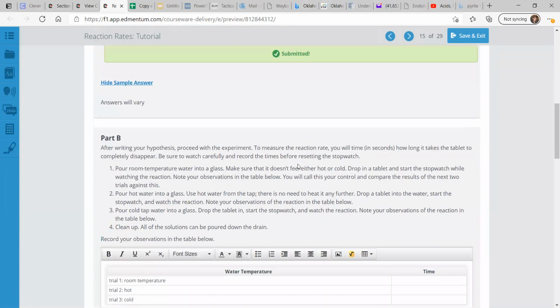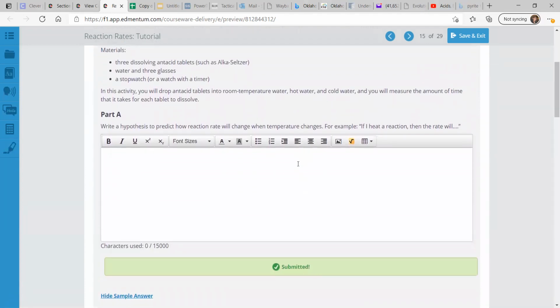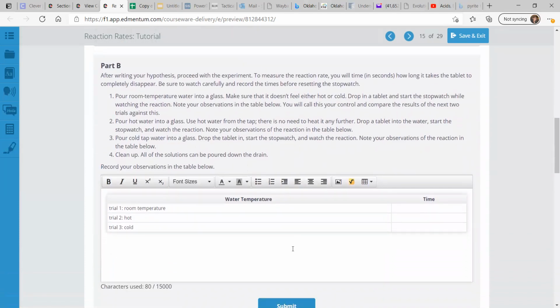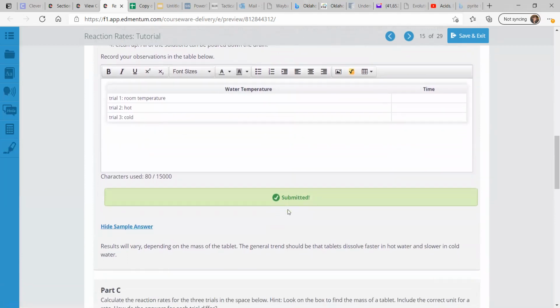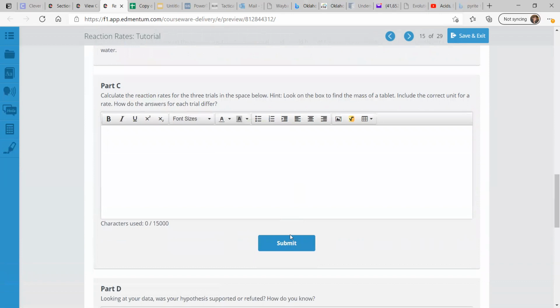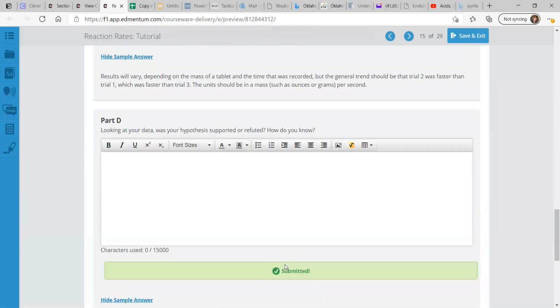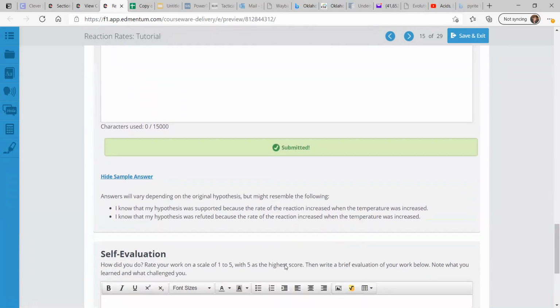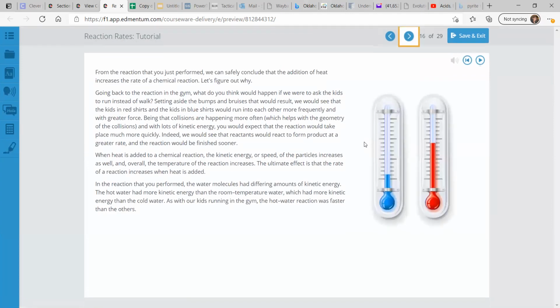You can make up your own hypothesis, make your own prediction, write it down for part A. Well, okay, maybe we're not going to do this activity, but I showed you the answers and they'll vary. Maybe I'll include a video of that in the Canvas page.